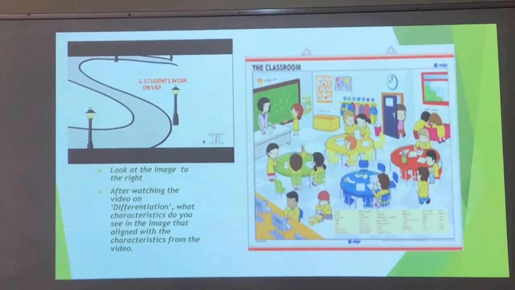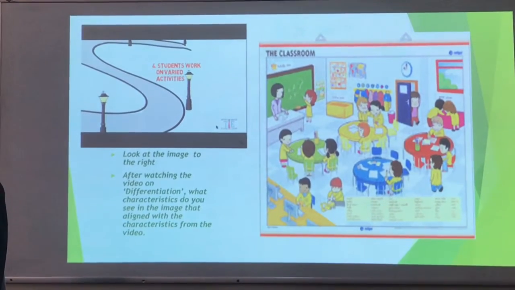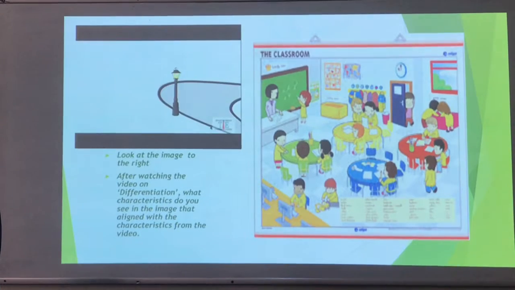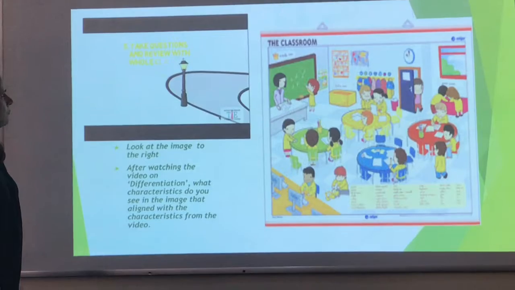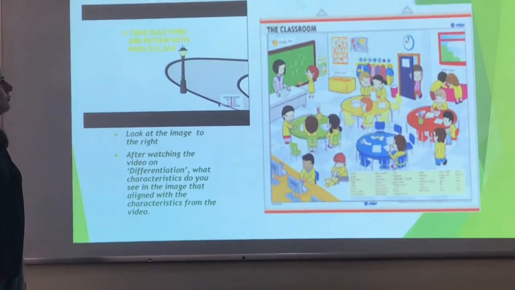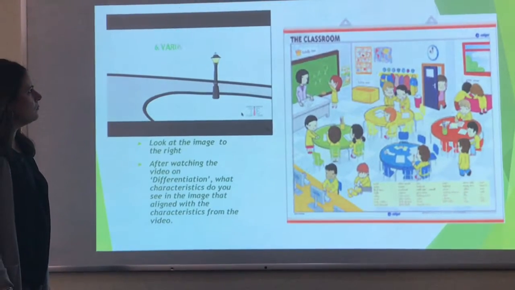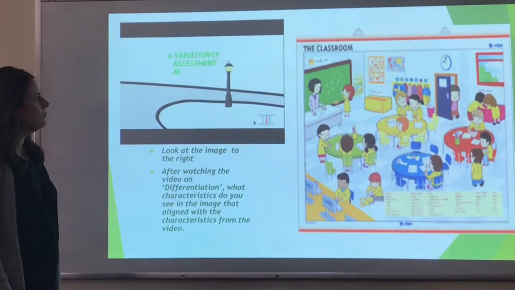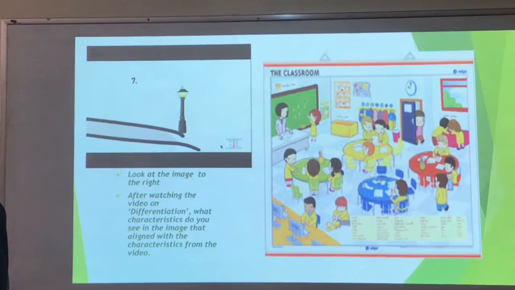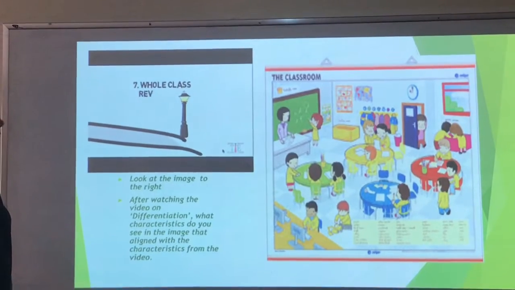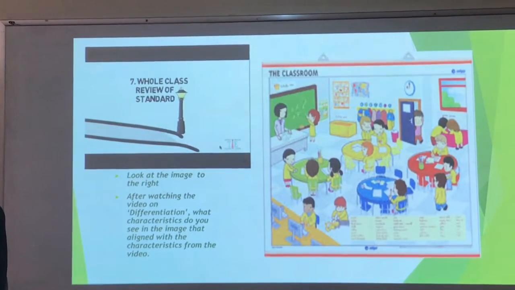Follow that up with having students work on varied activities. After students complete the varied activities, take questions and review the standards with the entire class. Next up, provide students with various assessments and projects aligned to the differentiated activities and content. And the last stop, after assessments, again, review the standard with the entire class.